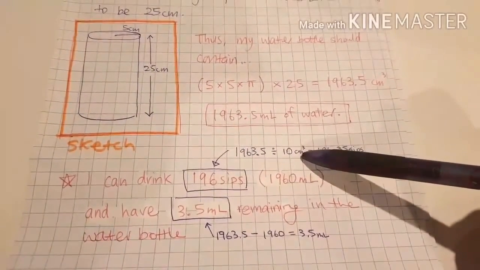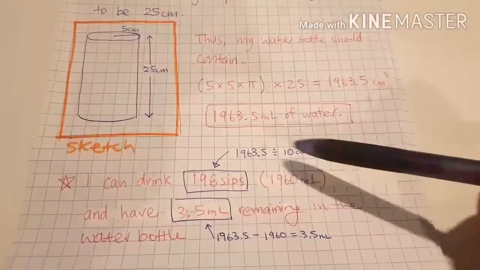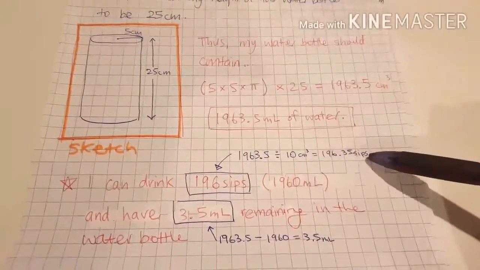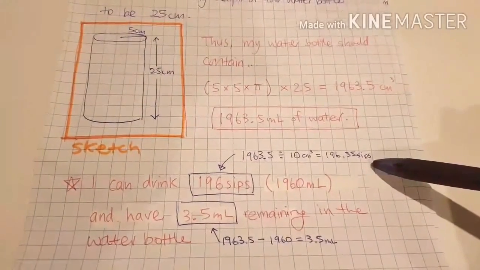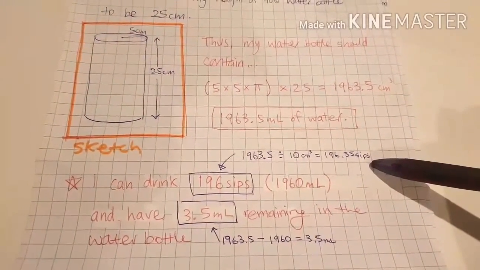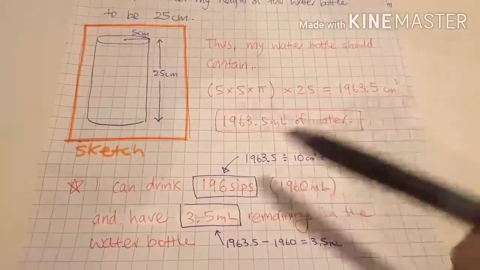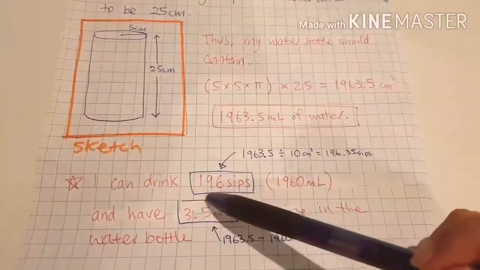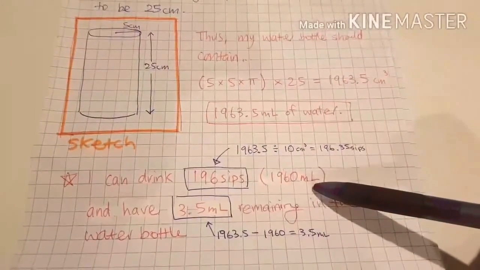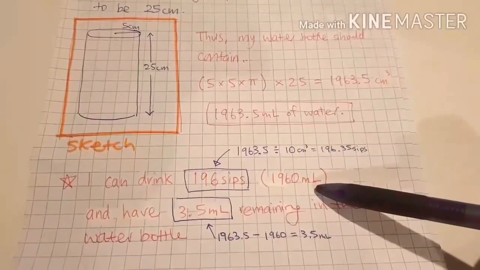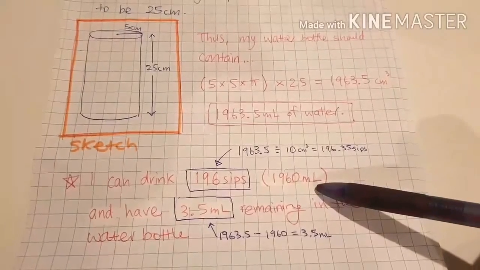per sip. So from the volume, if I divide it by 10, I can take 196.35 sips, right? That means if I take 196 sips, I'll be taking 1960 milliliters of water in total.